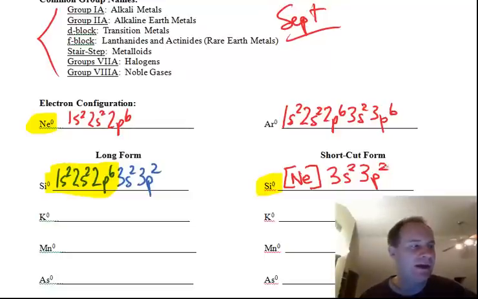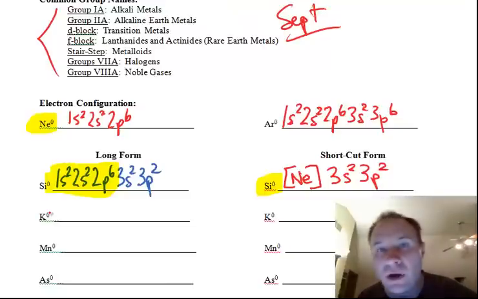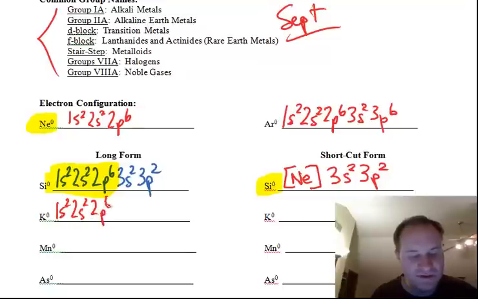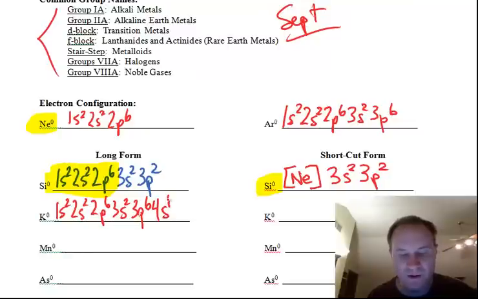Okay, and in a very similar way, we know that potassium goes clear out to 4s1. Okay, 1s2, 2s2, 2p6, 3s2, 3p6, 4s1.